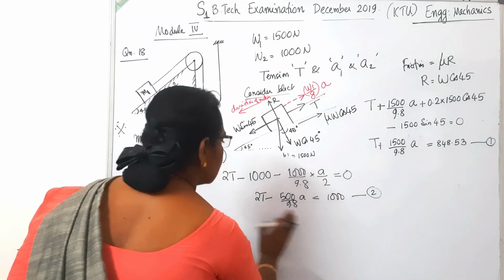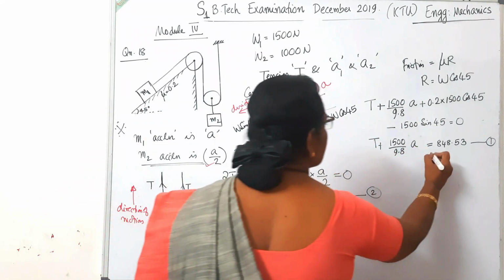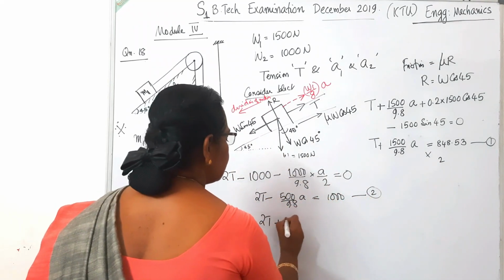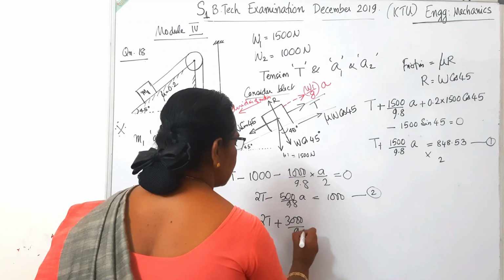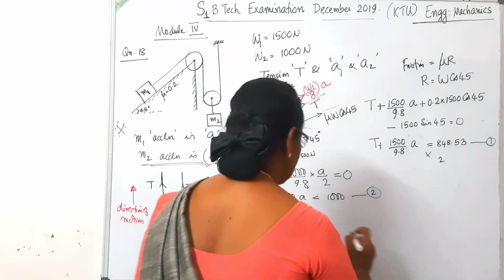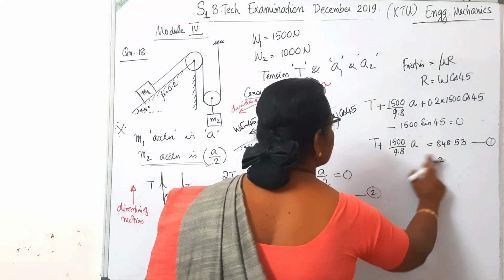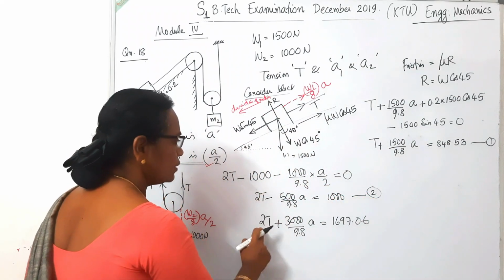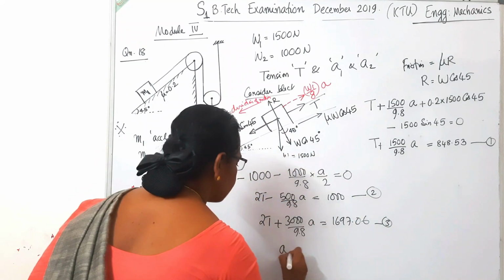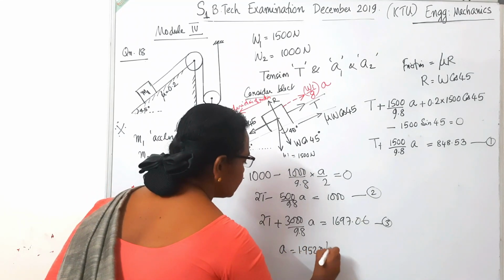First of all we get A. How to solve it? Here there is only 2T, so multiply this equation with 2. Multiplying this equation by 2, it becomes 2T plus 3000 by 9.8 A is equal to 848.53 into 2, which is 1697.06. Now subtract this equation from this, equation 2 minus 3, and first of all you will get A. We get A is equal to 1.952 meter per second square.